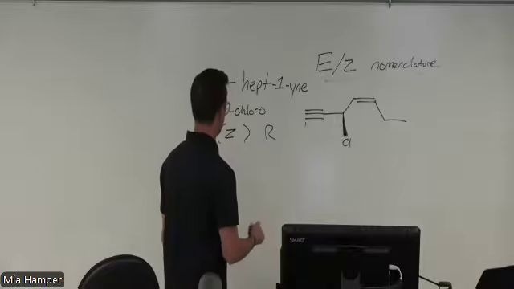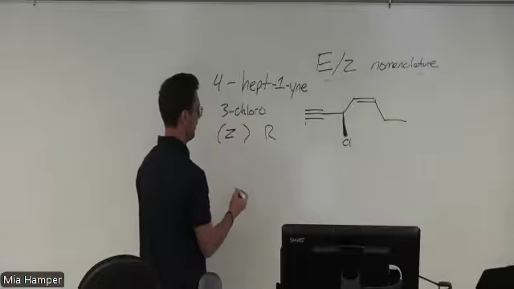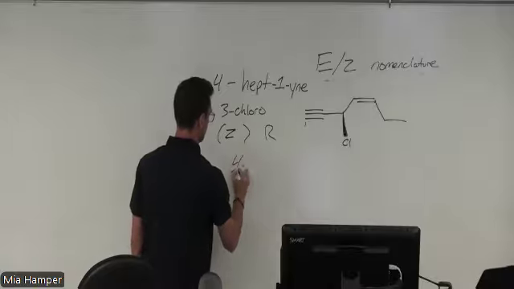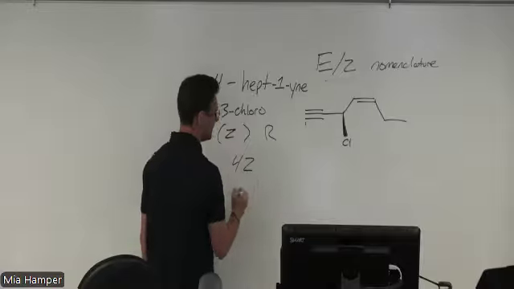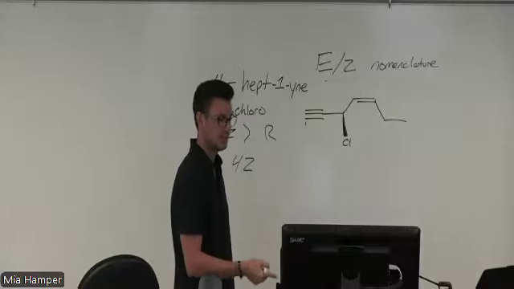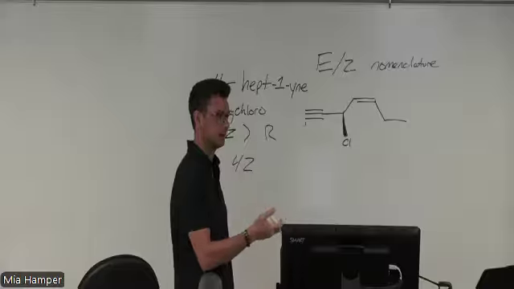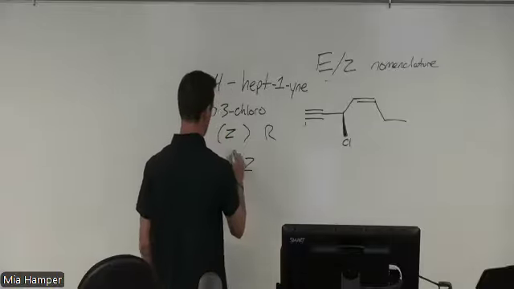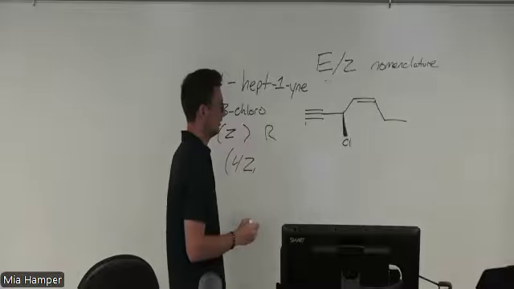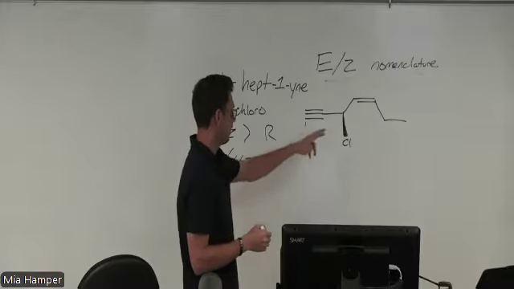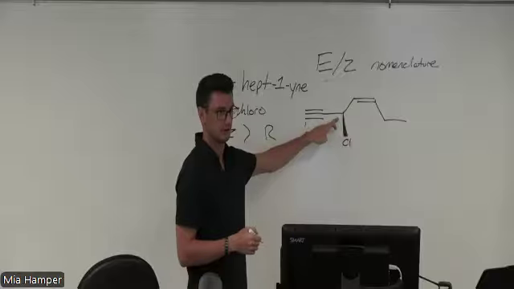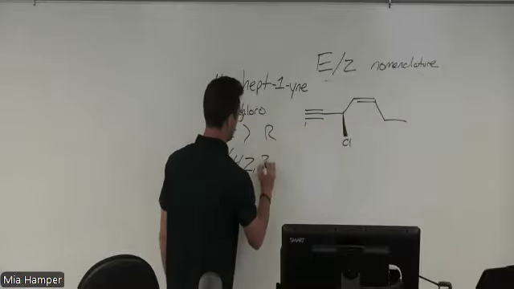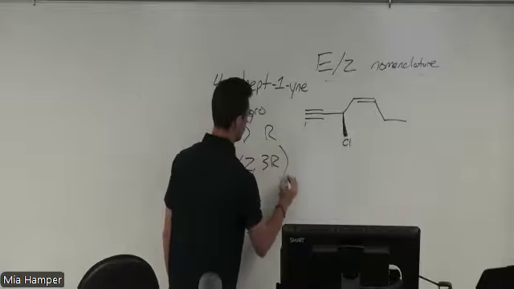So putting this all together, we're going to have 4Z, because the double bond on the fourth carbon is Z. Comma, we have a chiral center of R on the third carbon, so 3R.